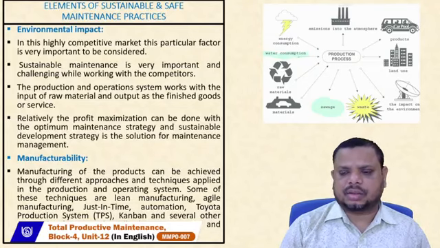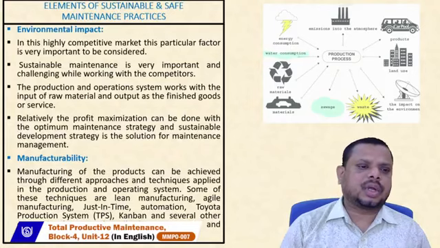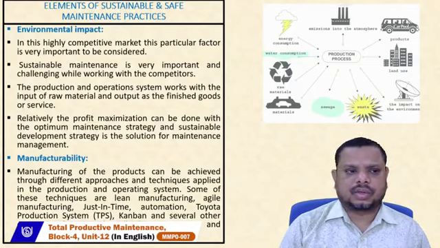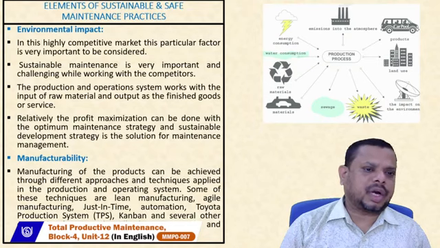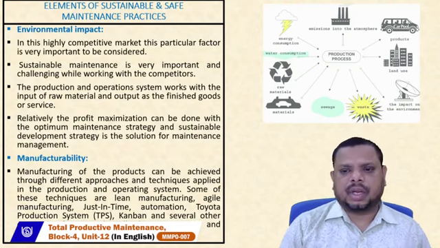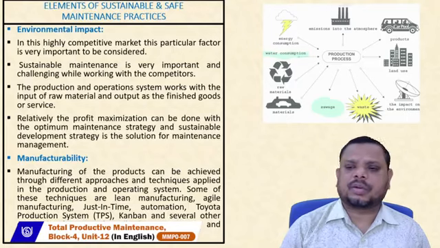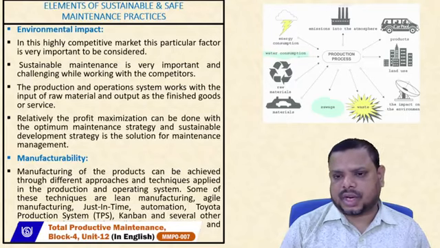So nowadays, companies not only focus upon sustainable maintenance, they also implement optimum maintenance strategies for sustainable development in the form of maintenance management solutions. So this is all about environmental impact: if you take care of the environment, it provides various outputs in the form of maximized profit and higher sustainable development, and sustainable maintenance practice should be observed inside the organizations.